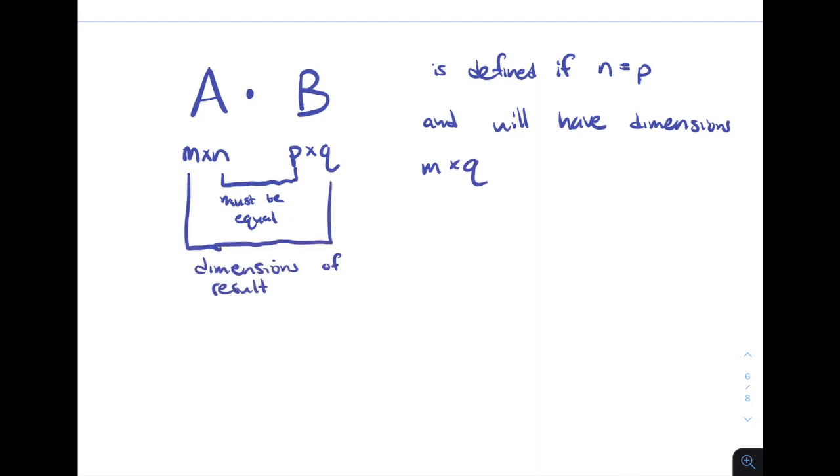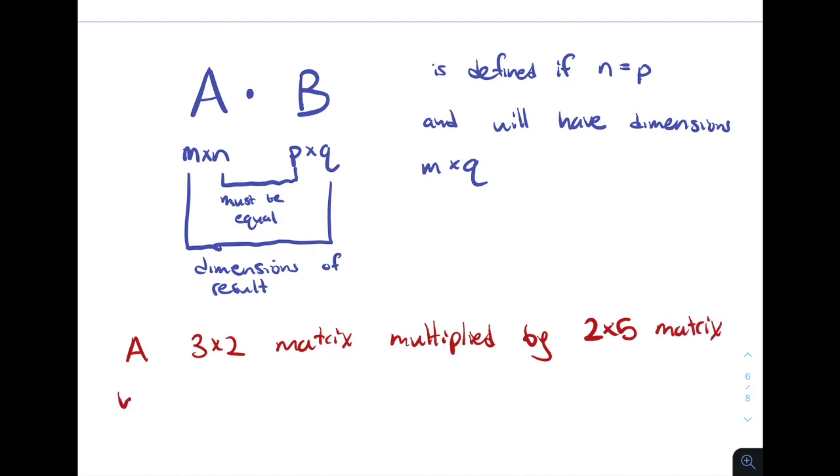So though we haven't even talked about how to calculate matrix multiplication, we can now say that a 3 by 2 matrix multiplied by a 2 by 5 matrix will result in a matrix with the dimensions 3 by 5.